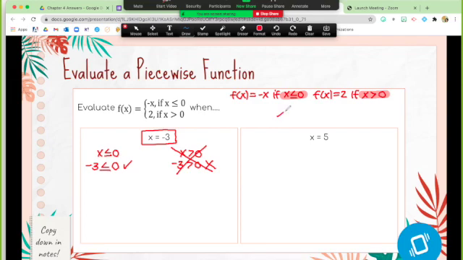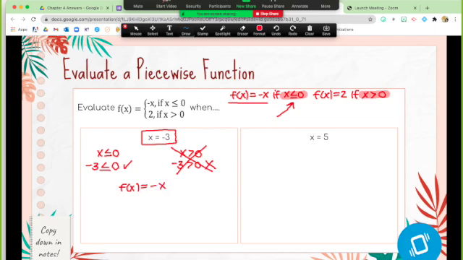So let's look back at the statements here. We said that x is less than or equal to 0. If that's the case, then we have the linear equation f of x equals negative x. So I'm going to use this linear equation, f of x equals negative x.